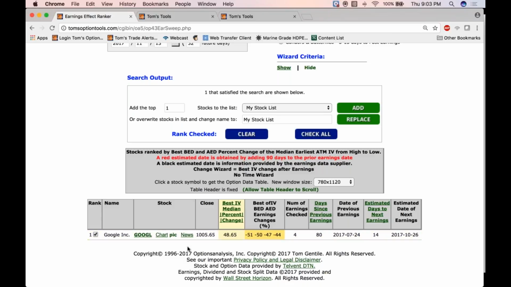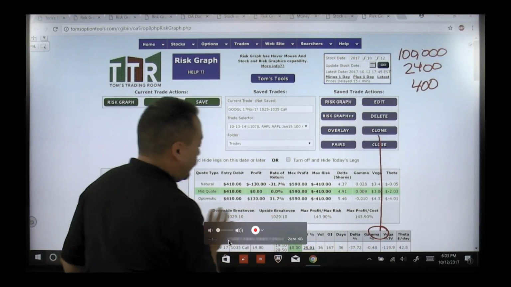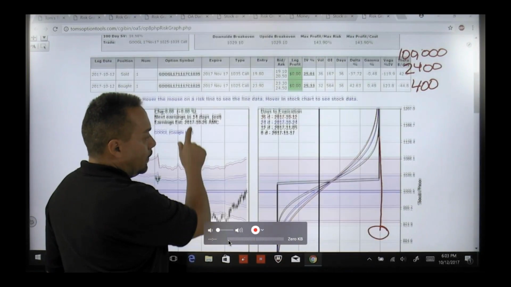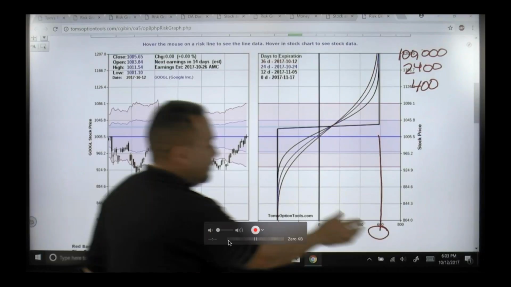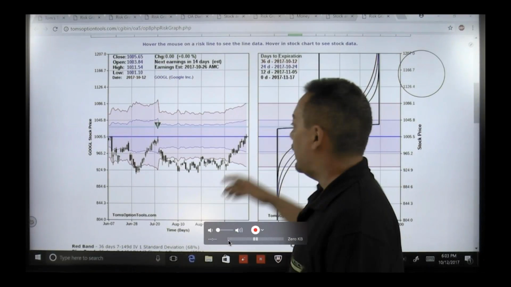you're looking at this Google trade, and let me bring it back up on the screen for a moment. If you're looking at this Google trade and you're trying to determine whether to get out of the way with earnings, if you followed this correctly, let me move over to this side for a moment.